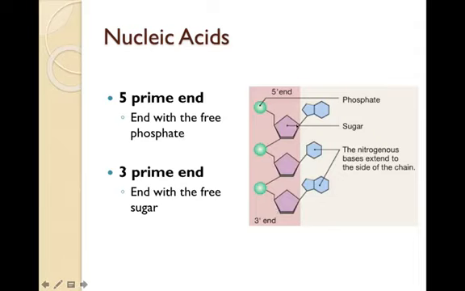Attached to each sugar is the nitrogenous base, shown in blue here. There's a purine, because it's a double ring structure, an example of a pyrimidine attached to the sugar, and another purine. So things to know: the 5' end has a free phosphate, and the 3' end has a free sugar without anything linked up.